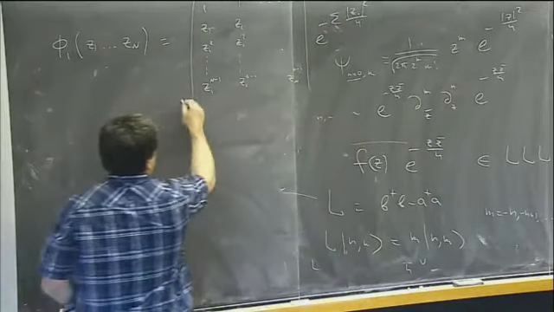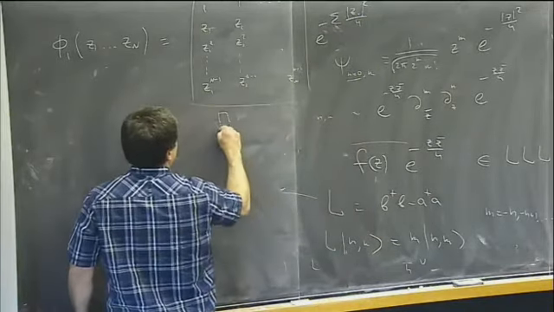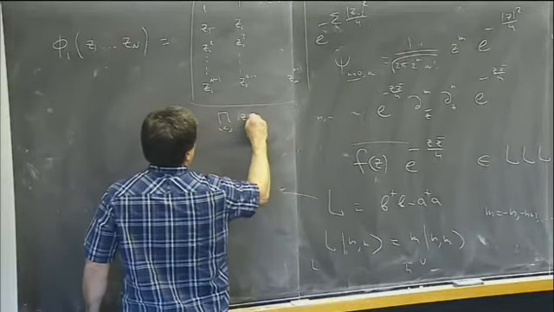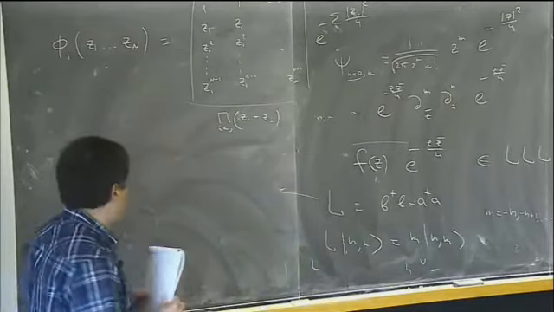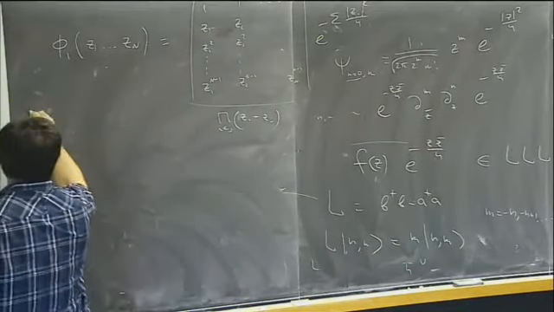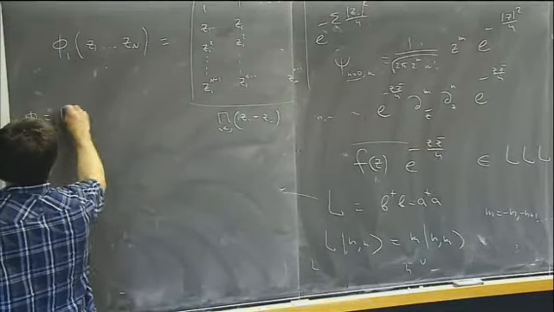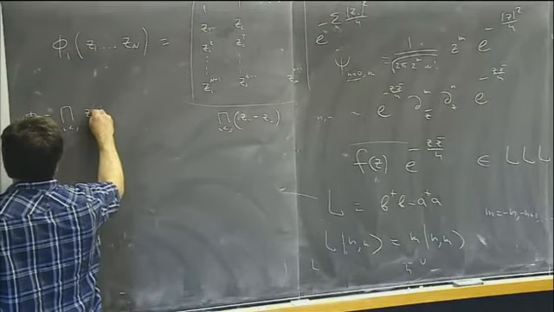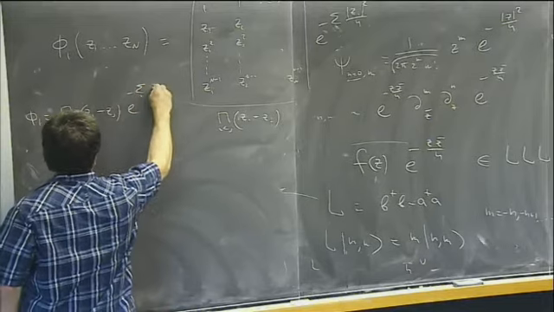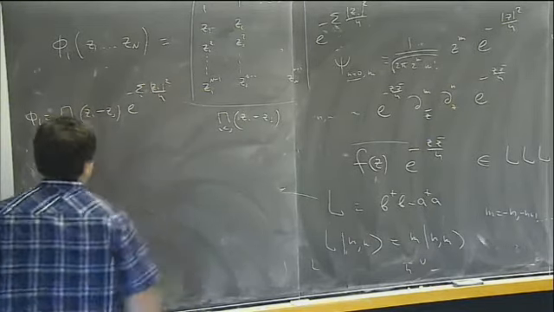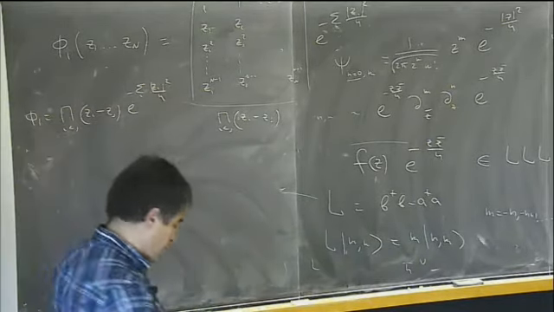Of course, this is the Vandermonde determinant, so it can be written as the product over i<j of z_i minus z_j. So phi_1 is given by the product, up to normalization, of z_i minus z_j times e to the minus |z_i| squared over 4. Okay, that's the standard formula.